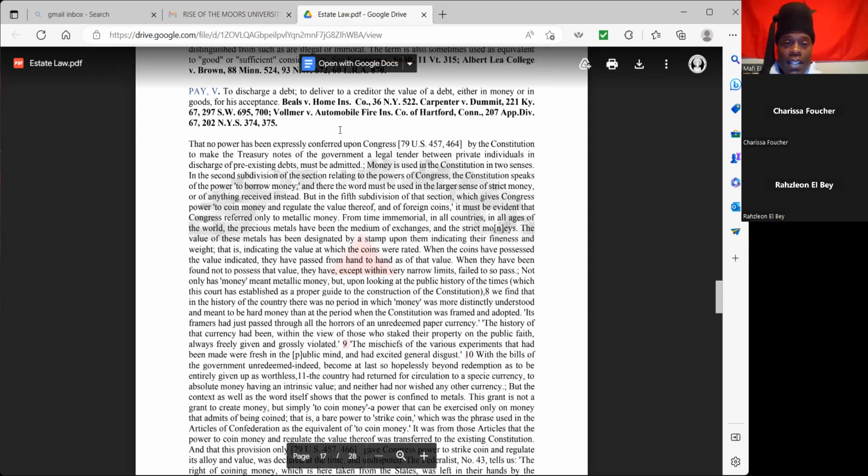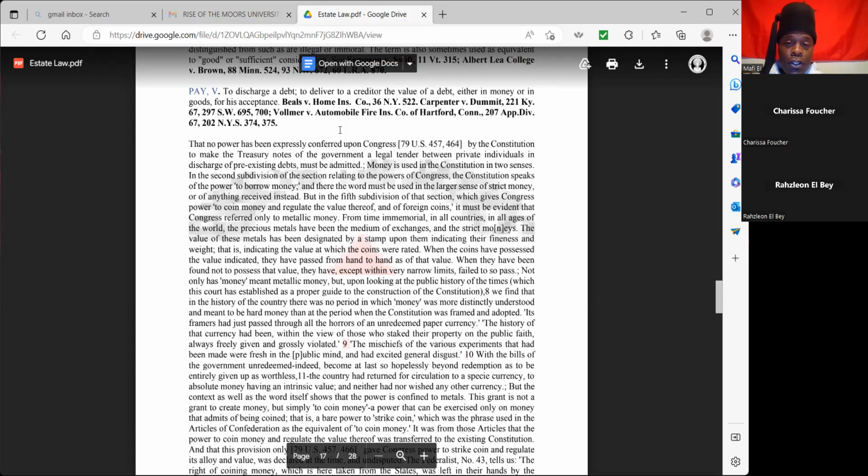That no power has been expressed, conferred upon Congress, and this is also codified in 79 USC, or United States Codes 457 and 464. So that no power has been expressly conferred upon by the Constitution to make the treasury notes of the government a legal tender between private individuals. Discharge of pre-existing debts must be admitted.